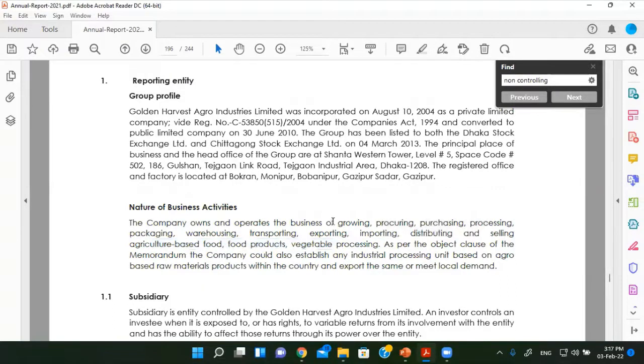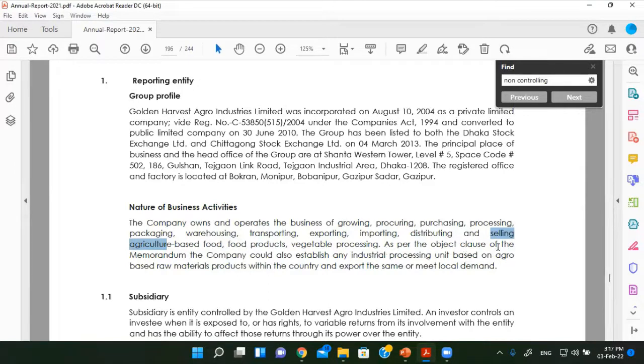They do activities from growing agriculture-based food to selling agriculture-based food. So you see, this is a total supply chain in which they are involved. They do not only purchase agricultural-based food directly from the market. They themselves grow the agricultural-based food. Okay. They are involved in growing the agriculture.